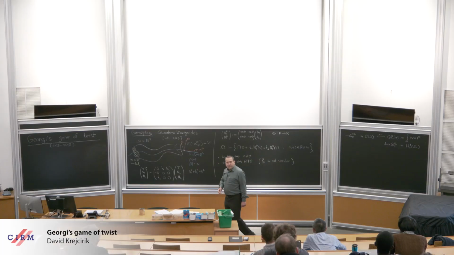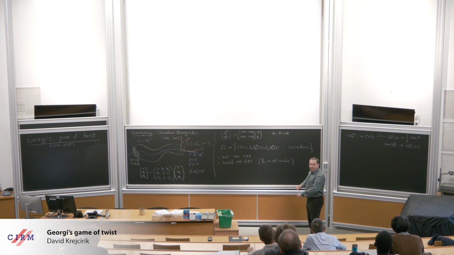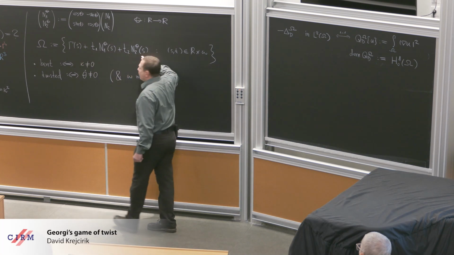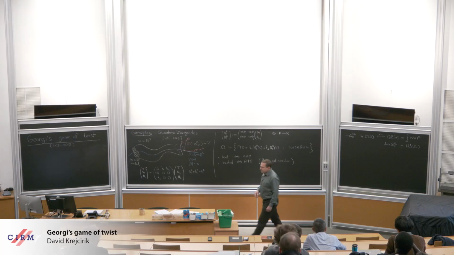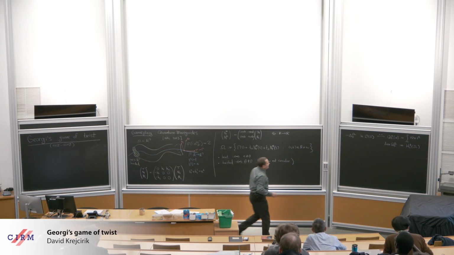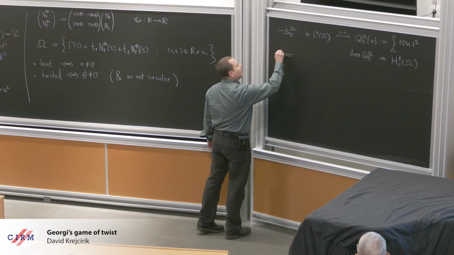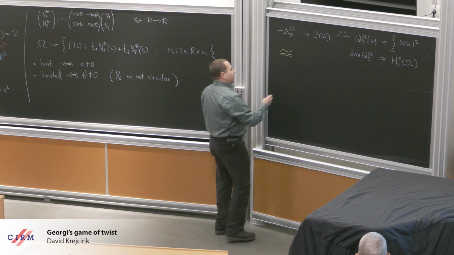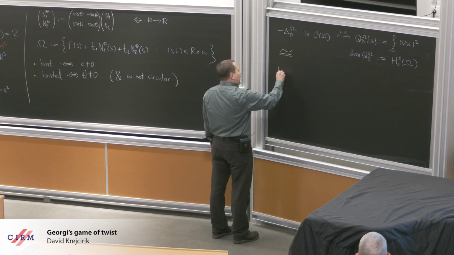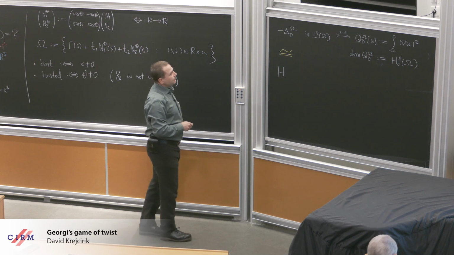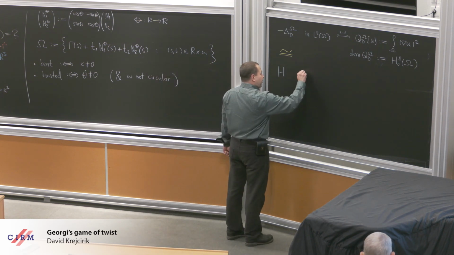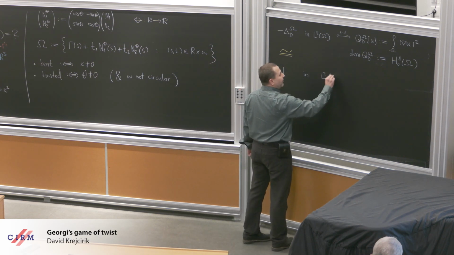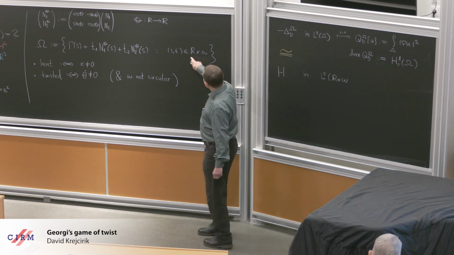Now the strategy. The natural strategy to study such an operator, its spectral properties, is to pass to curvilinear coordinates. So let me use a color. This operator is unitarily equivalent, by using the coordinates, to such an operator. I will denote it by H. If you make the change of variables, it will be an operator in L2 of the straight tube.